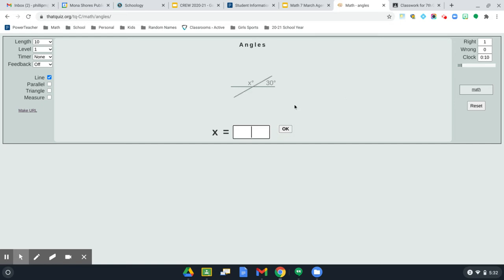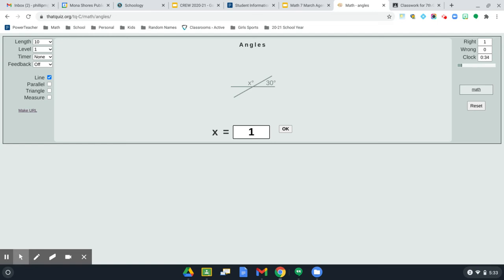That gives me my supplementary angle. Next, I look at this one. Again, I see two angles that are adjacent to each other, right next to each other. It has a straight line that is split by a ray. I see 30 degrees here. Again, I need to get to 180. What can I add to 30 to give me this 180 degree line?